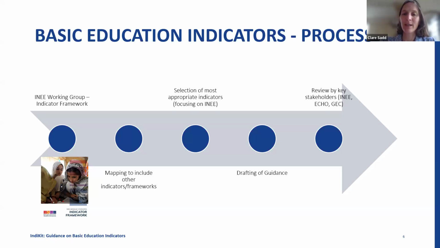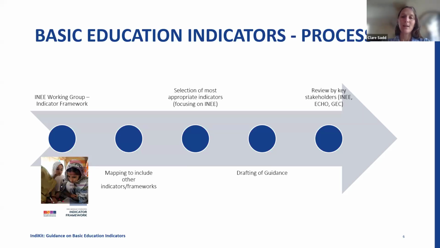And then on the second point here, we went through a process of mapping, which I'll talk a little bit more about in a second, but it's basically a process of collecting together all the different indicators that are related to education, both education in emergencies, but also more development-focused education. And we mapped the different indicators from all of these different sources, just to see what indicators already existed, what else was out there, as well as those that INE had put together.